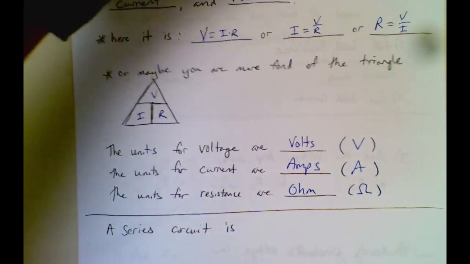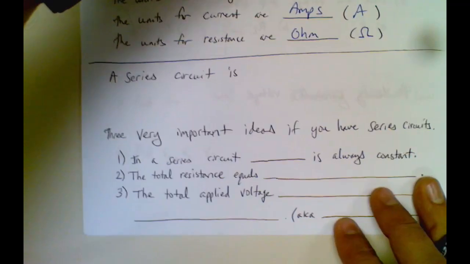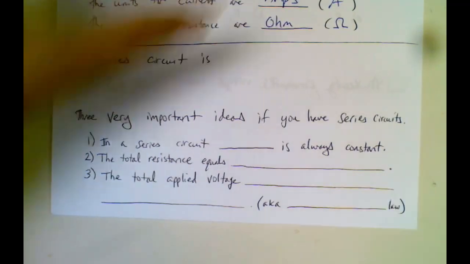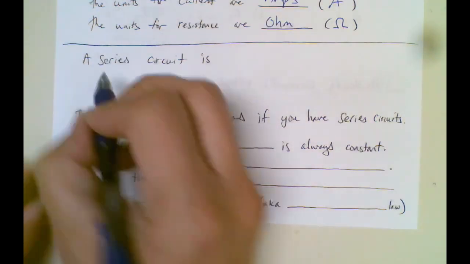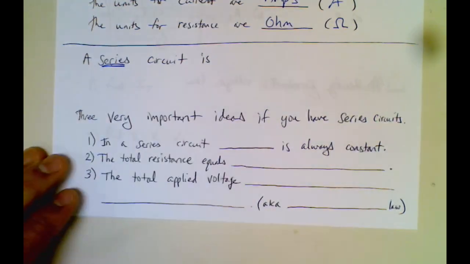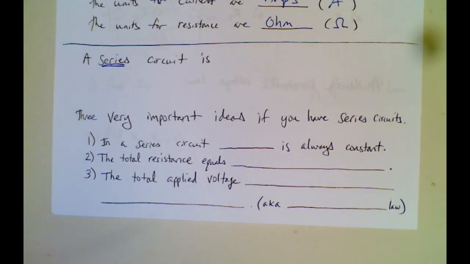There you go. All right, so we are only focusing on one type at a time right now, because it gets kind of confusing if you mix up parallel and series circuits. So, real quick, a series circuit, and you've got to get this in your head pretty straight, because when we mix in parallel, you have to unlearn these things and switch gears.